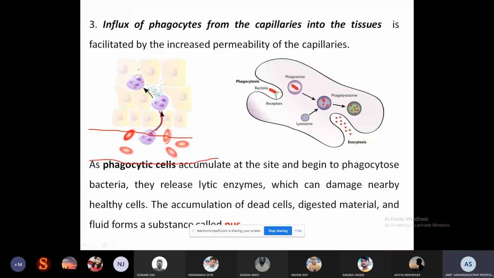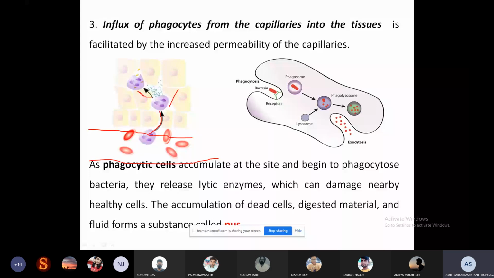Lots of dead bacteria will be found, and at the same time, some of our macrophages will also die with time. Some of our healthy cells will also be damaged, as you can say, collateral damage to this war. A battle is going on between our phagocytic cells and the microorganisms. Microorganisms will be dead, macrophages will be dead, and some of the healthy cells will also be dead.